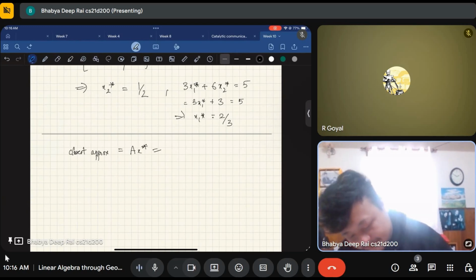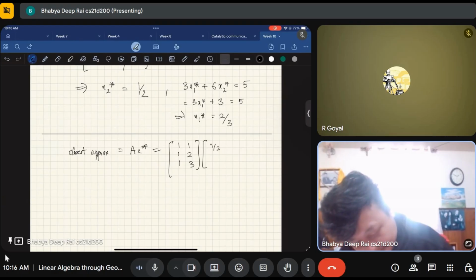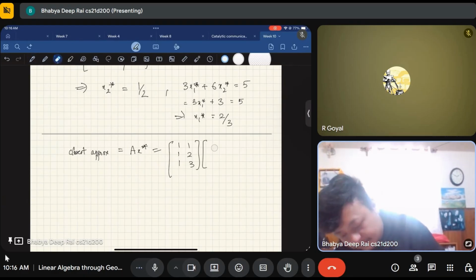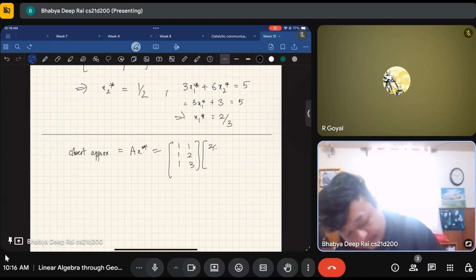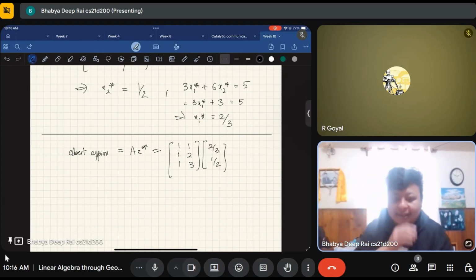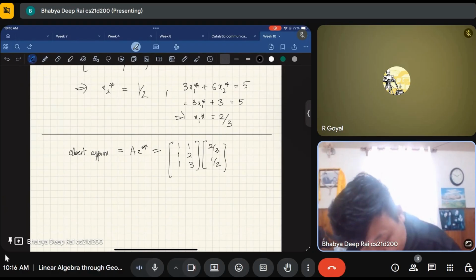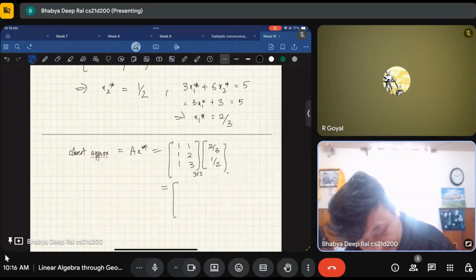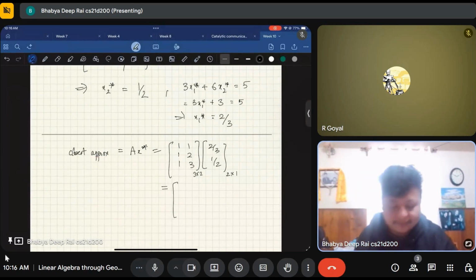A x star is equal to A, which is 1 1, 1 2, 1 3, times x star, which is 2 by 3, 1 by 2. This is 3 cross 2 and this is 2 cross 1, so I'll get a 3 cross 1, which is correct.